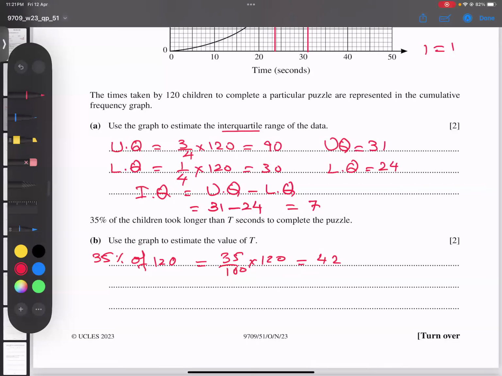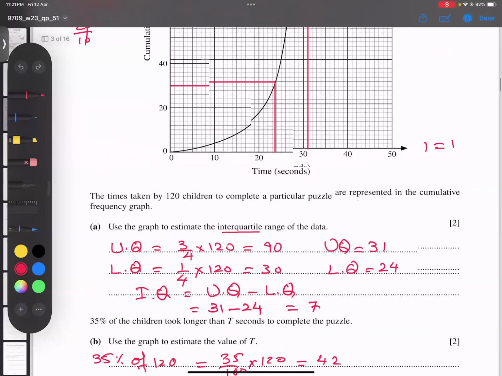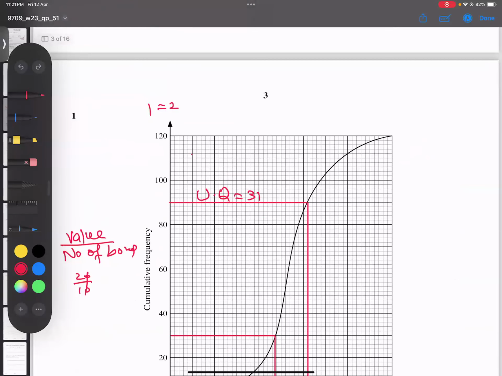He said 35% of students took longer than T seconds. So 42 we take from the top, from 120.